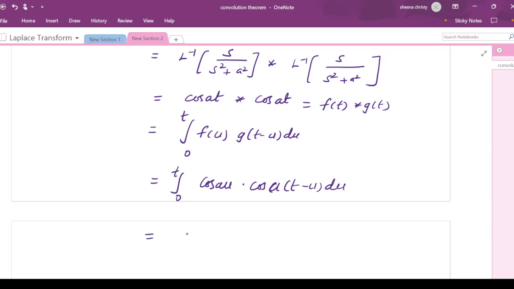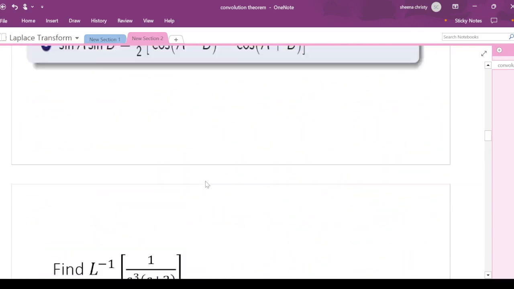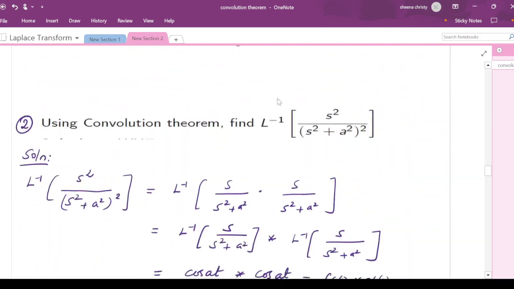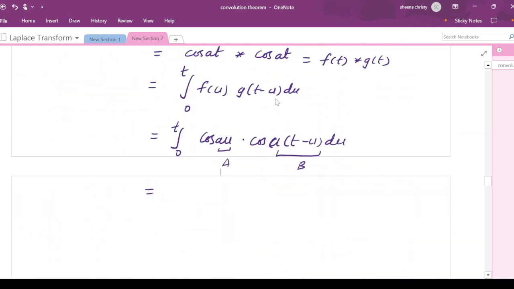So it is equal to, here you can make use of the cos a cos b formula. We understood that cos a into cos b equals 1 by 2 times of cos of a plus b plus cos of a minus b. So make use of that formula.